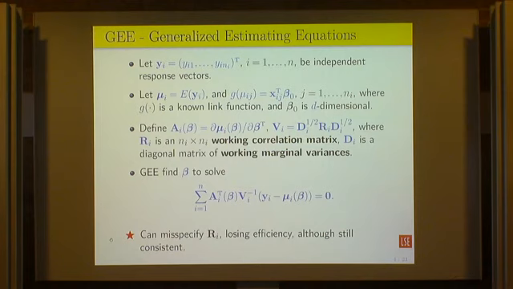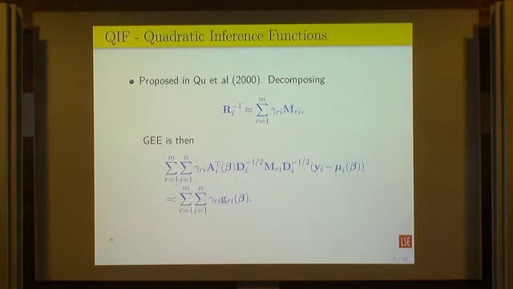Well, we still need to specify a working correlation within each subject. So this is still a disadvantage, even though we can consistently estimate the true beta naught. Later a paper came up to try to see if we can do better than that.